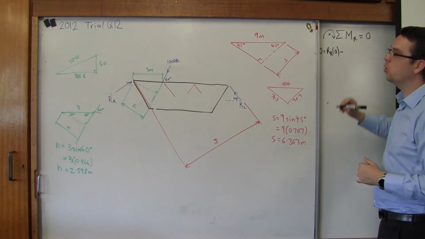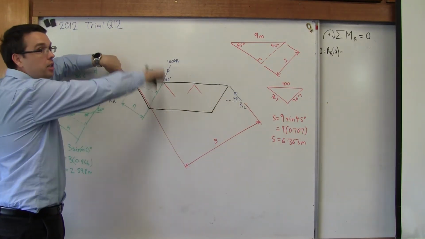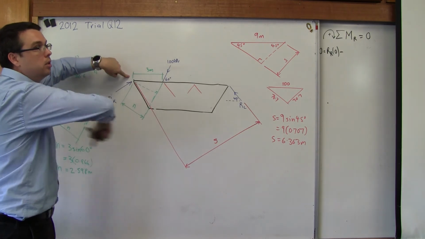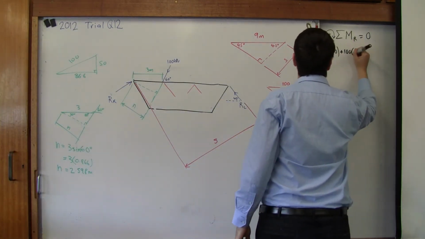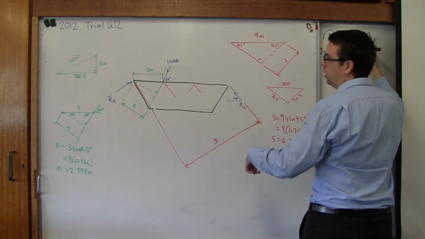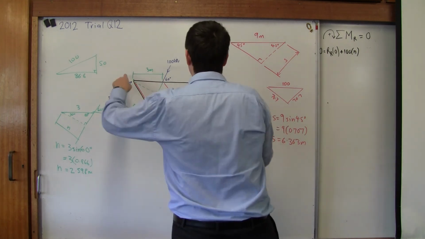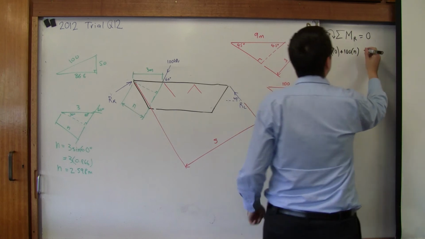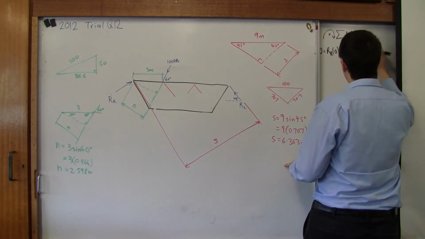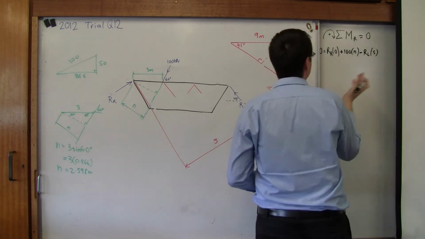Is it going clockwise or anti-clockwise relative to this point? Positive. So it's going to be 100 times the distance, which is n. And then this one here is going anti-clockwise. Let me show you anti-clockwise. So it's going to be minus RL times S. I've just called them those distances.